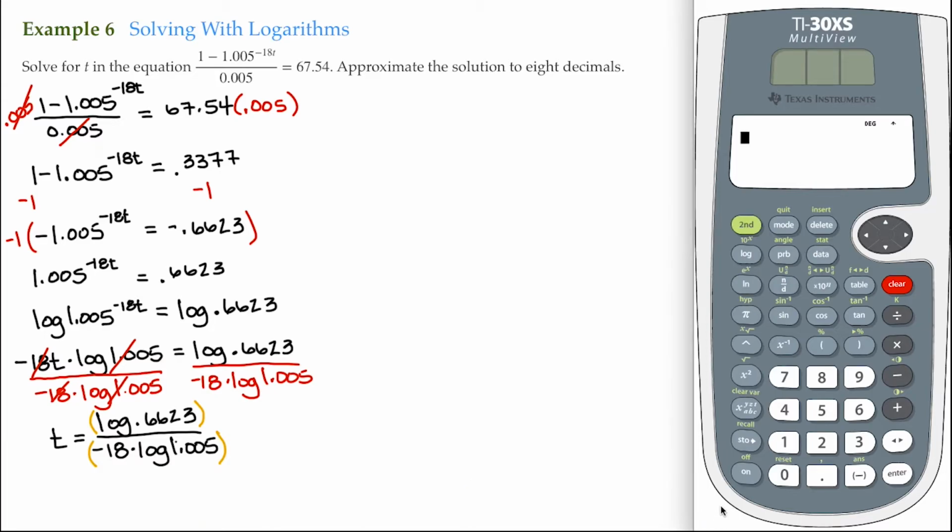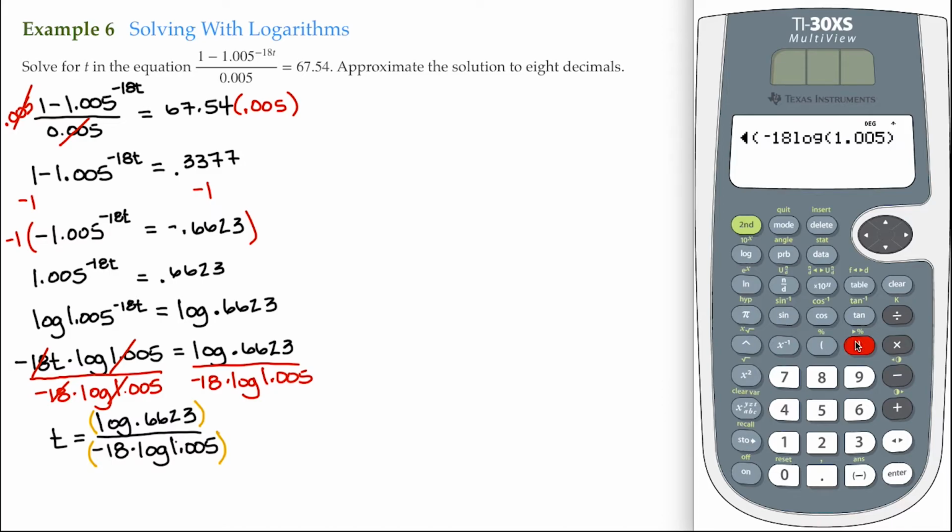So back in our calculator, I'm just going to type in the log of 0.6623, close it off. Then I'm going to divide, but I'm going to put in this parenthesis right here. Then I'm going to type in the negative 18. Here's our negative down here. The log of 1.005.